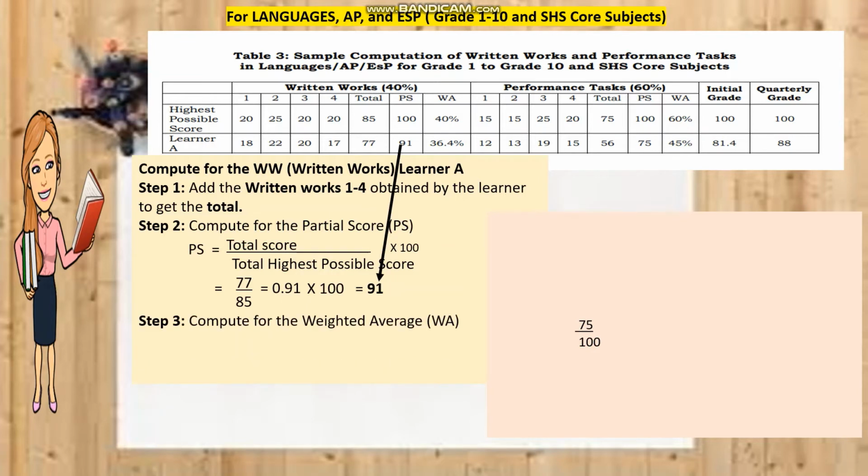Step 3. Compute for the weighted average. Weighted average is equal to partial score times percentage of the written works, equals 91 times 0.40, equals 36.4.